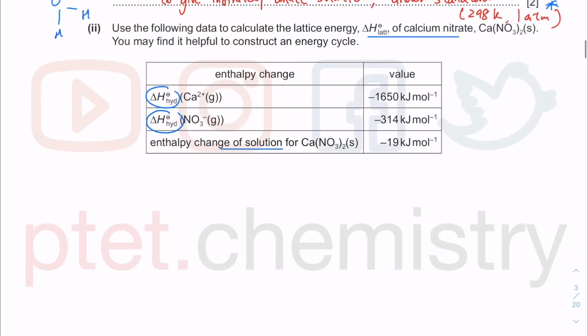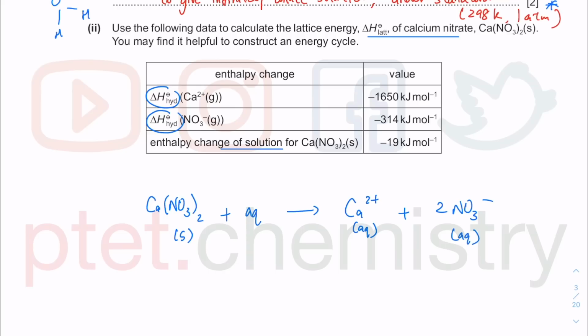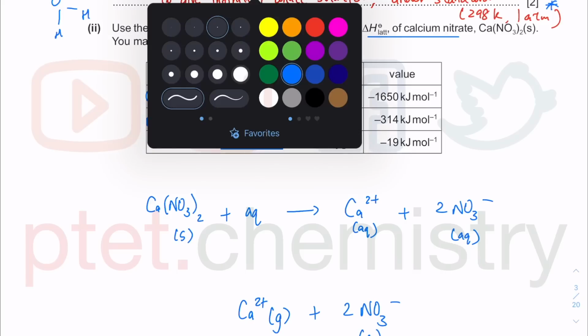So what do we have if we write one equation for the enthalpy of solution? So this is a solid plus aqueous, and when you dissolve in water, all nitrates are soluble in water. You know all nitrates are soluble from solubility rules back when you were doing much simpler chemistry. I'm going to relate this to gaseous ions because that's the relationship with the hydration enthalpy definition.